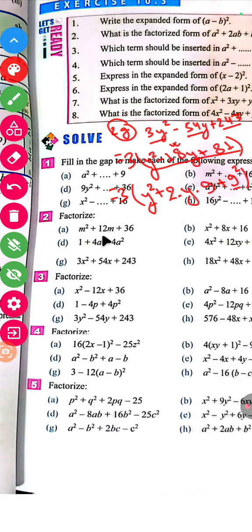It means we are on the right track, and thus the factorization can be done. It goes in the formula a plus b whole square, and I can write it as y plus 9 whole square. In this way, the factorization for question number 2g is done.